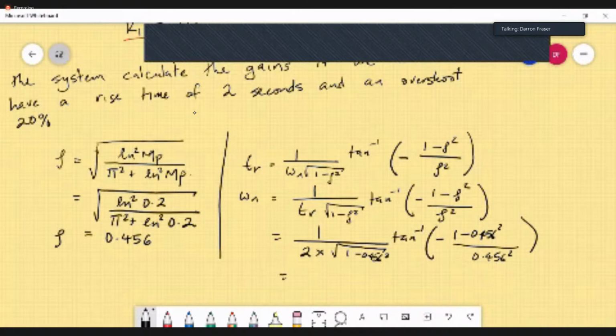All right. Now, this part here, what was the part before the tan inverse?